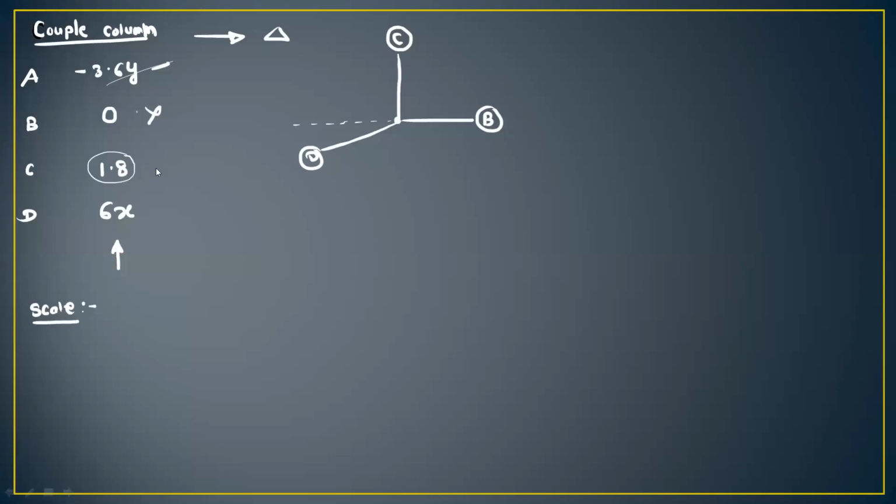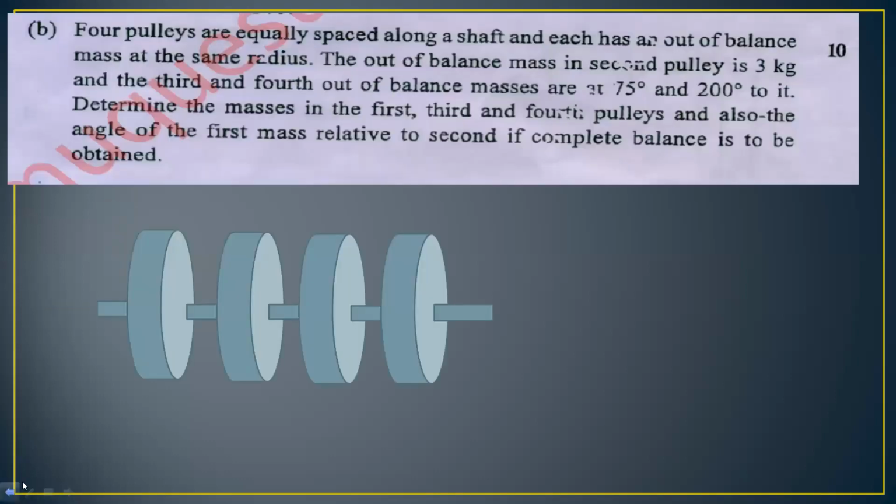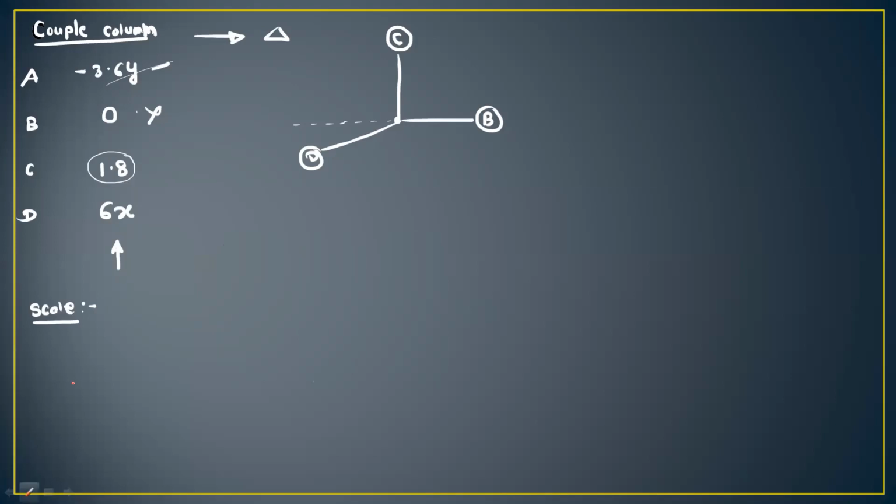So to draw the couple polygon, select the scale by referring to the maximum value. There is one value which is for the mass C, that is 1.8. So take 1 centimeter equal to 0.6 kg meter square.